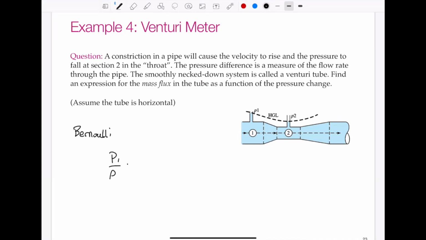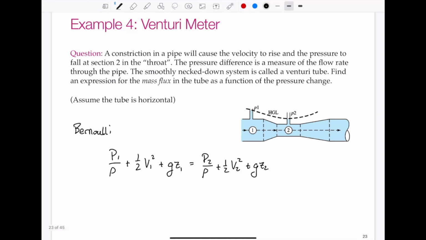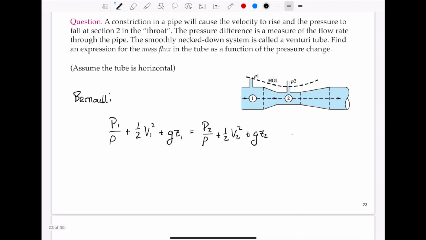P1 divided by rho plus 1/2 V1 squared plus g times Z1 is equal to P2 over rho plus 1/2 V2 squared plus g Z2. So if Z1 is equal to Z2, so we assume it's horizontal, we can solve for V2.